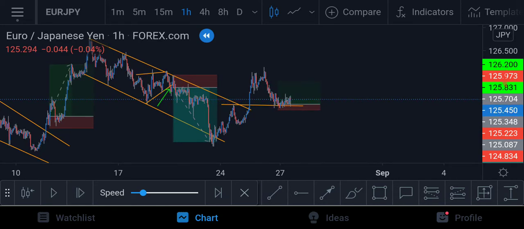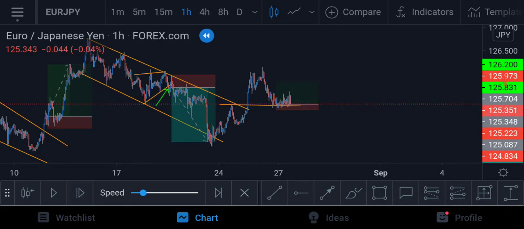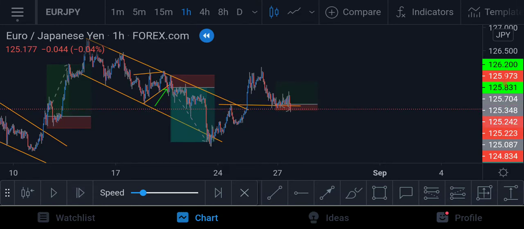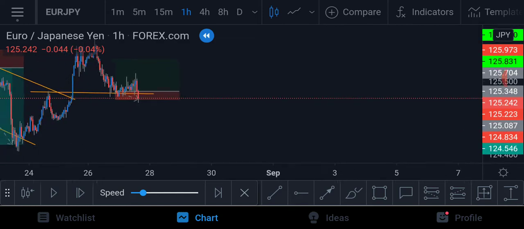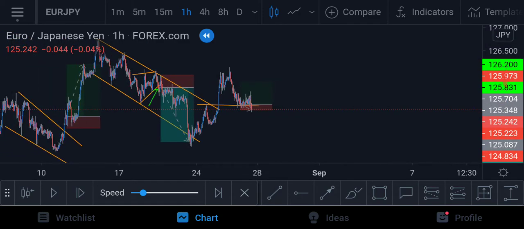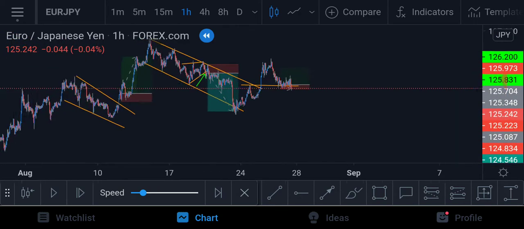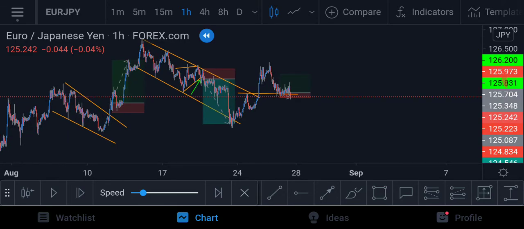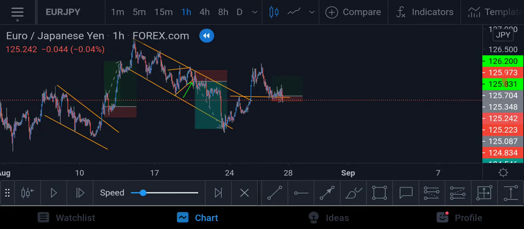Price is just ranging right now, and it hit our second stop loss. So 4 trades, 2 stop loss, 2 take profit.